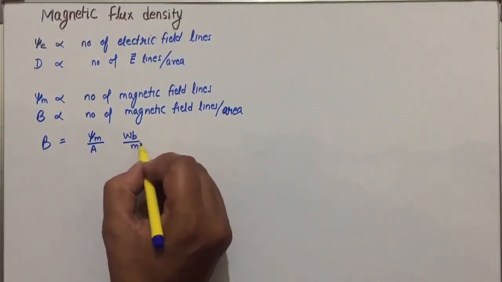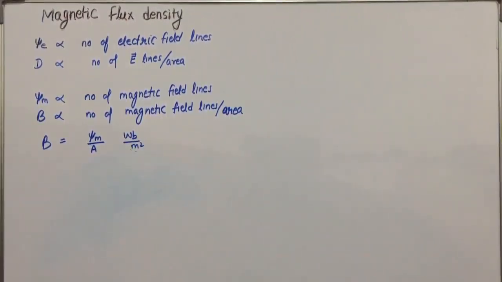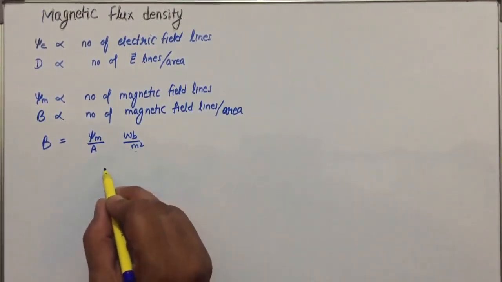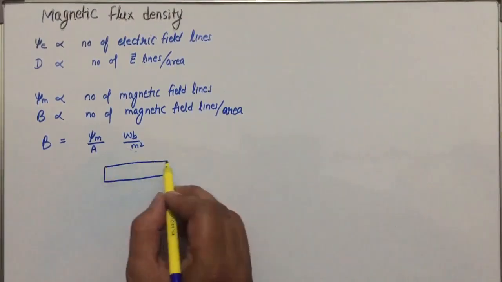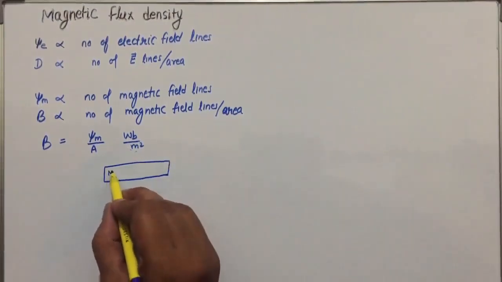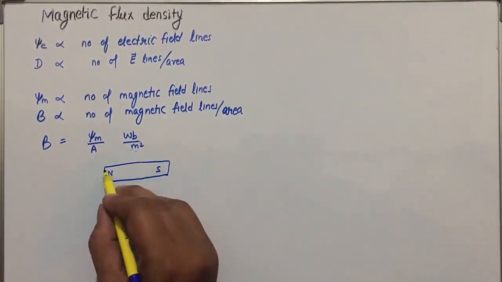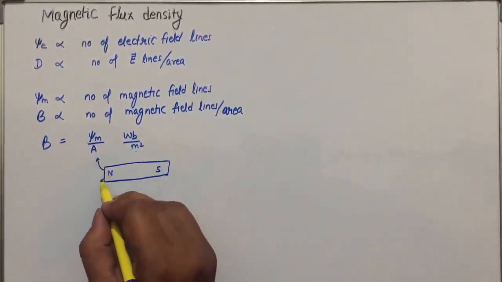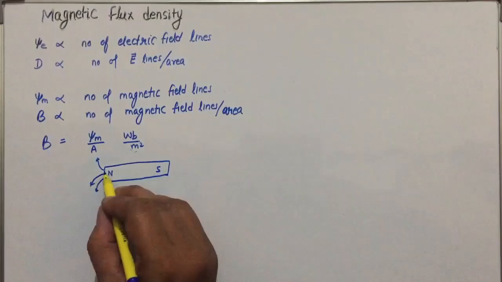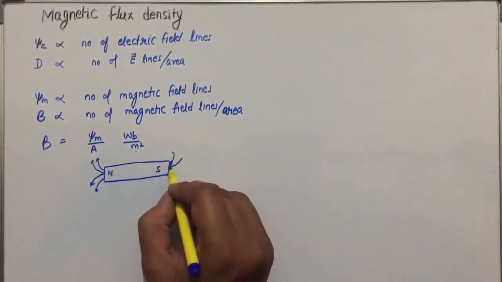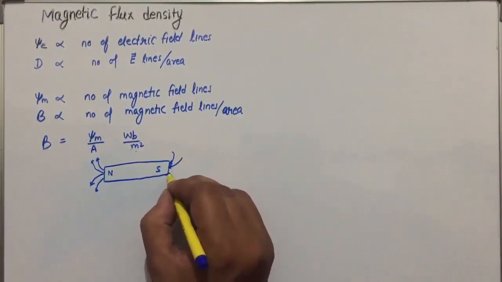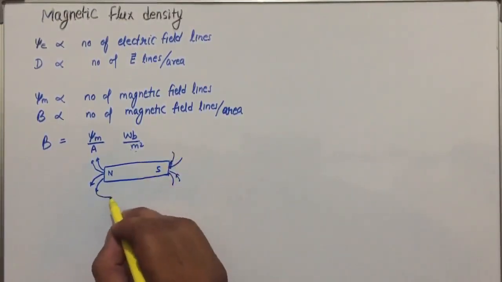per meter square. Let us consider a magnet, and we know that there will be north and south pole, and magnetic flux lines are originating from north and terminating at south, and they are forming a closed path.